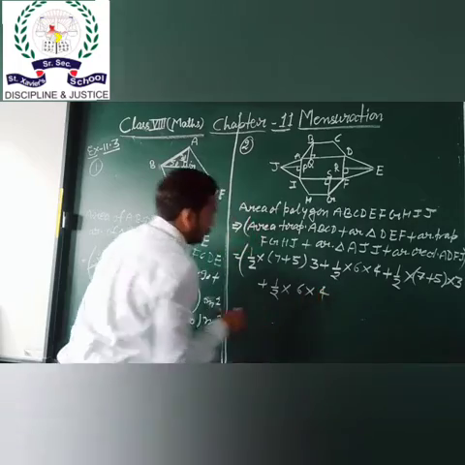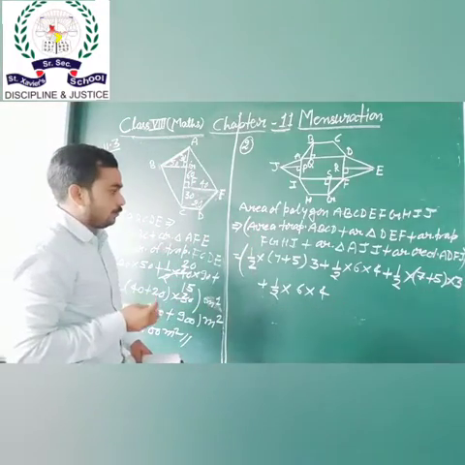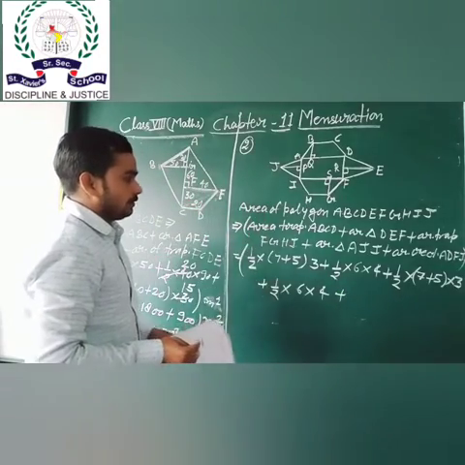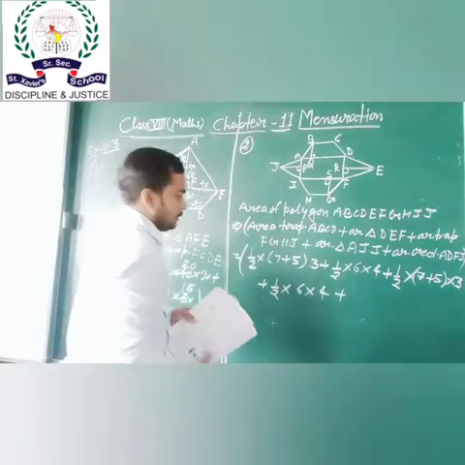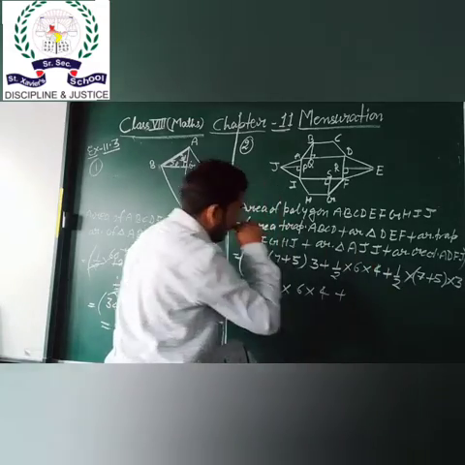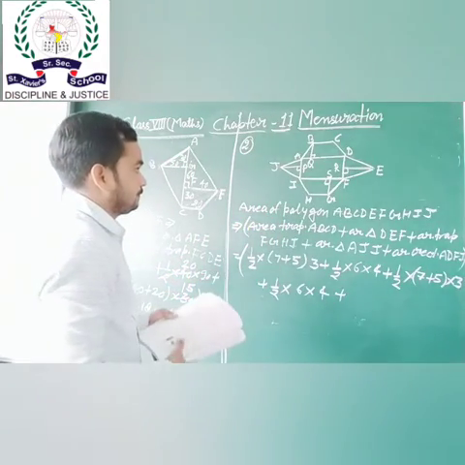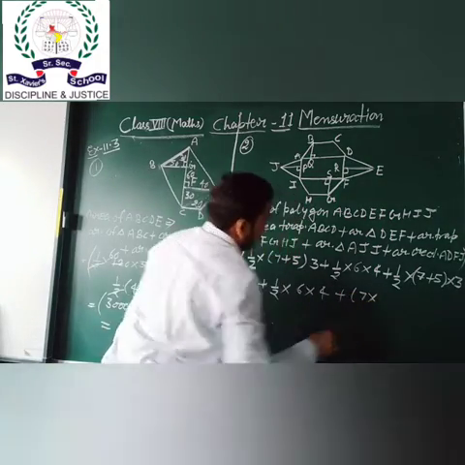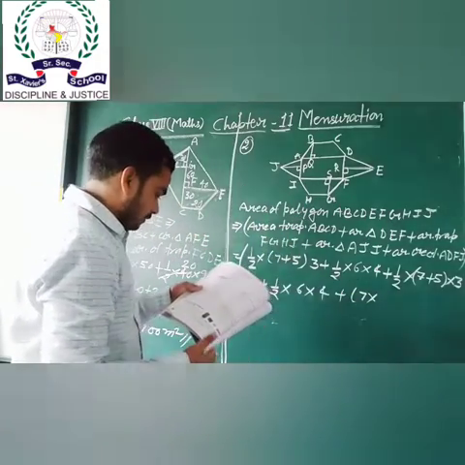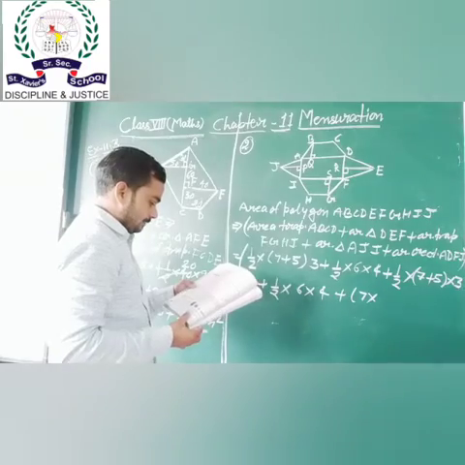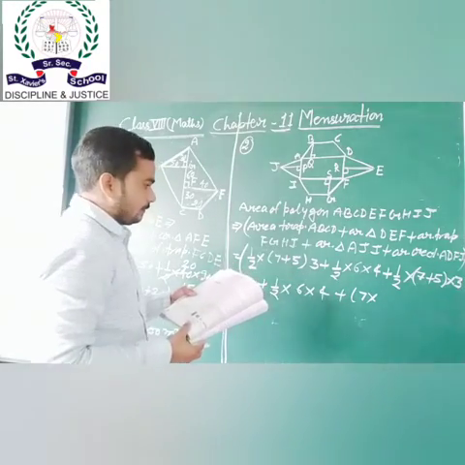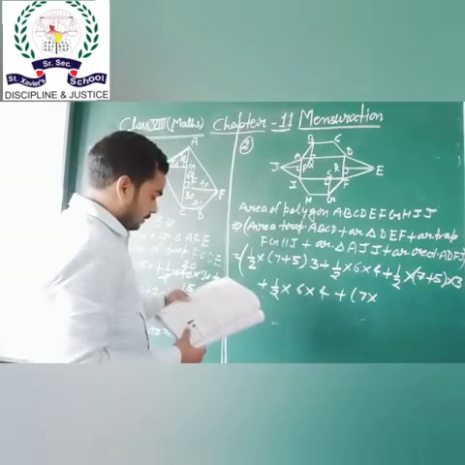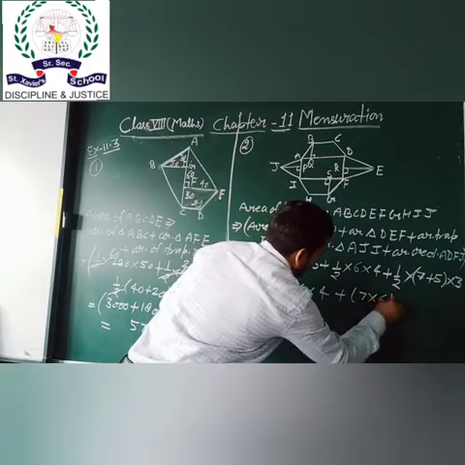So 1/2 multiply 6 into 4 plus area of rectangle ADFI. So area of rectangle is length into breadth. AD is given 7 and FI, DF or AI is given 6, into 6.